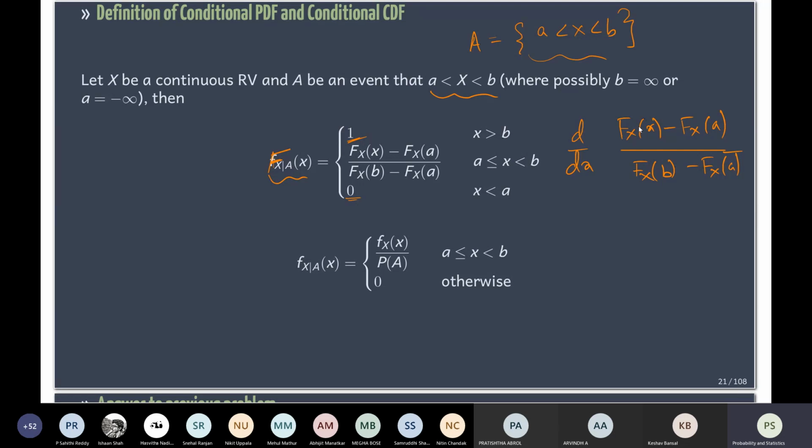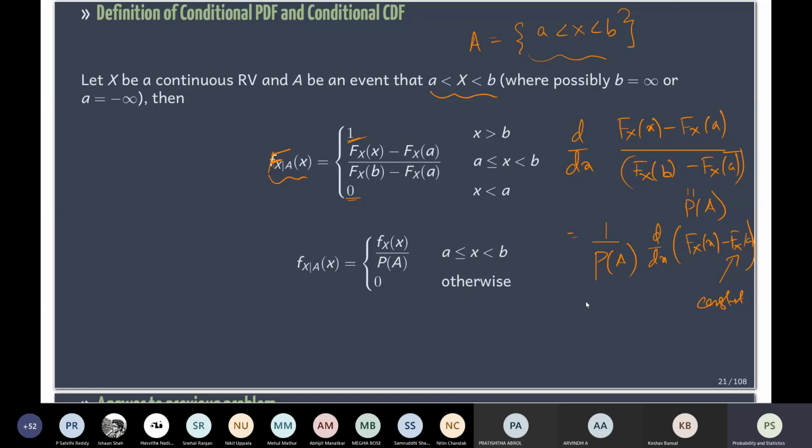The variable x is only here, and this whole denominator is the probability of A. So it is 1 over the probability of A times d/dx of (F_X(x) minus F_X(a)). The constant goes away, and d/dx of F_X(x) is just small f_X(x).